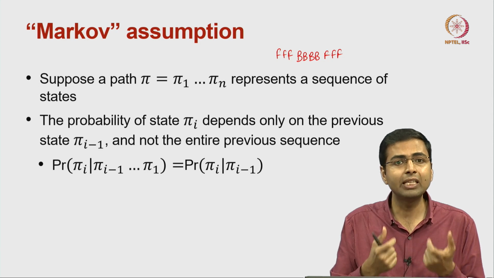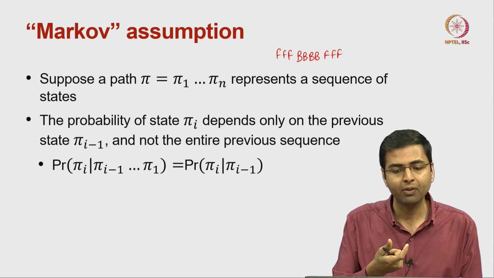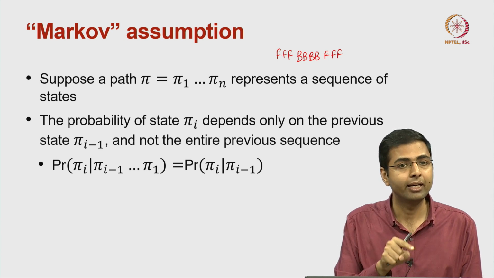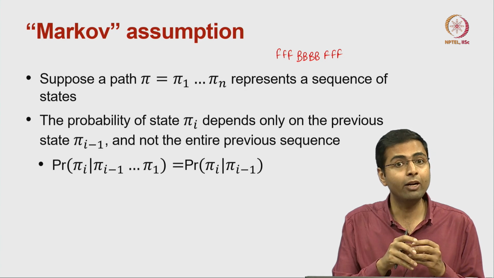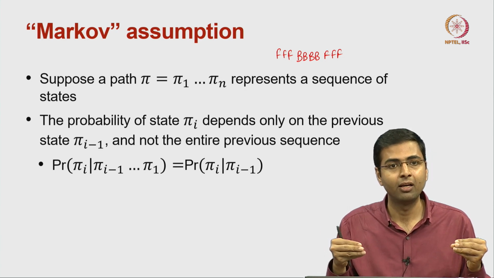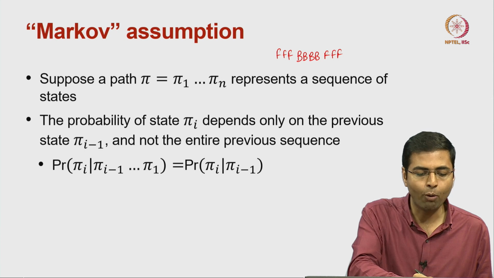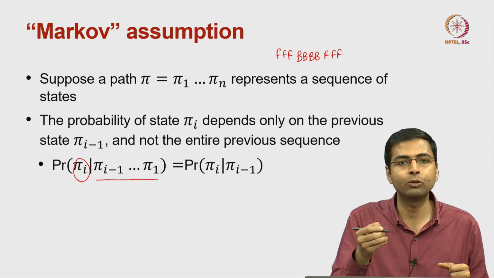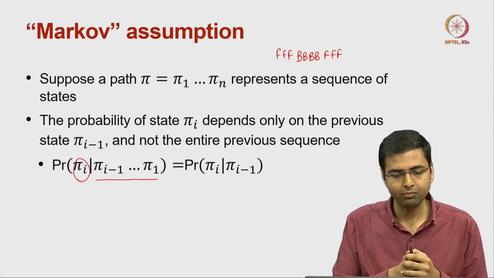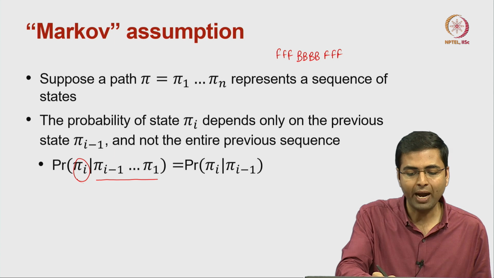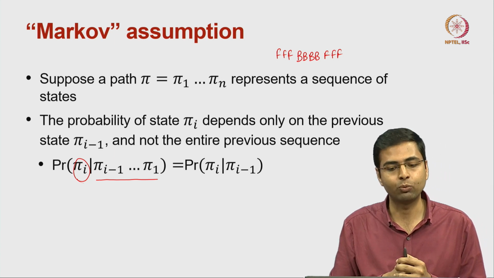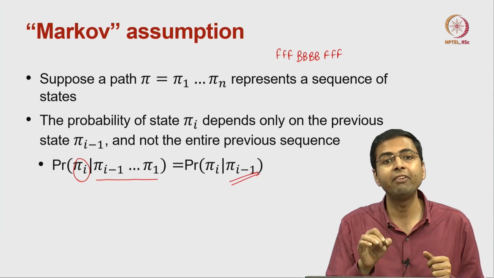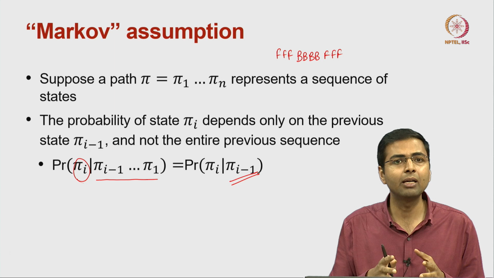Then we are using this Markov assumption because the probability of state pi i depends only on the previous state pi i minus 1, that is, it is not depending on the entire previous sequence. Mathematically, the probability of pi i given the previous states pi i minus 1 till pi 1 is equal to the probability of pi i given pi i minus 1. That is to say that the probability only depends on the previous state, and this is where we are using the Markov assumption.